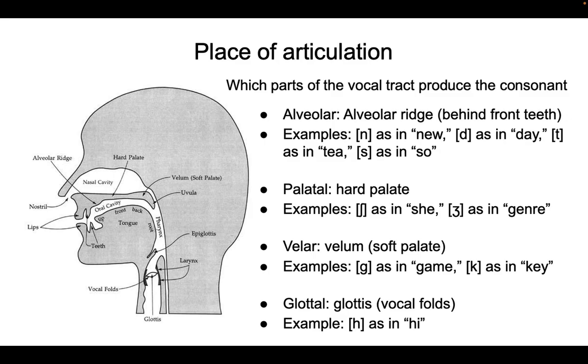Examples: g as in game, k as in key. Glottal consonants are produced with the glottis, which is the vocal folds in the throat. Example: h as in high.